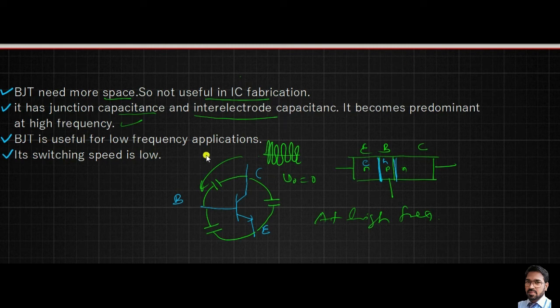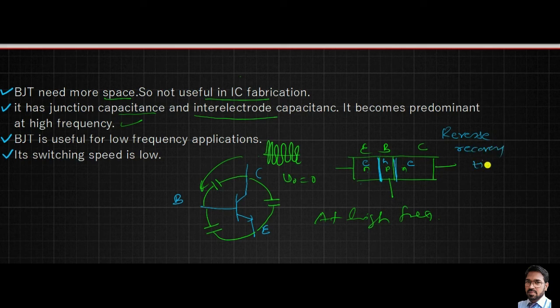Because it is a bipolar device, there are electrons, holes, and electrons. When it is used in an application and an AC signal is applied and we change polarity, suddenly there is a reversal of voltage across these terminals. These charge carriers require some settlement time, which is called reverse recovery time.